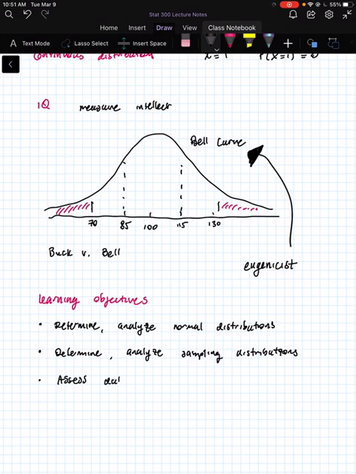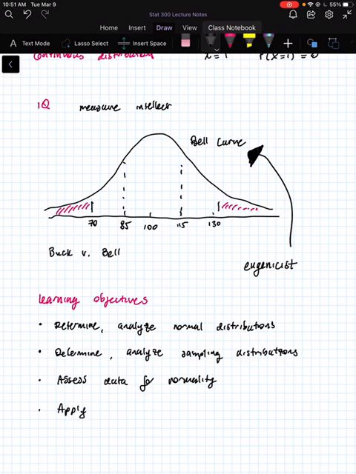We'll learn to assess a data set for normality. In other words, given some sample data, how well does that fit our normal distribution model? Can we fit a bell curve to it, essentially?